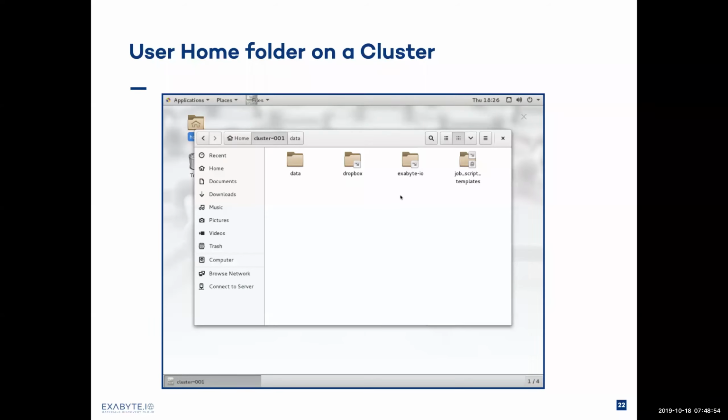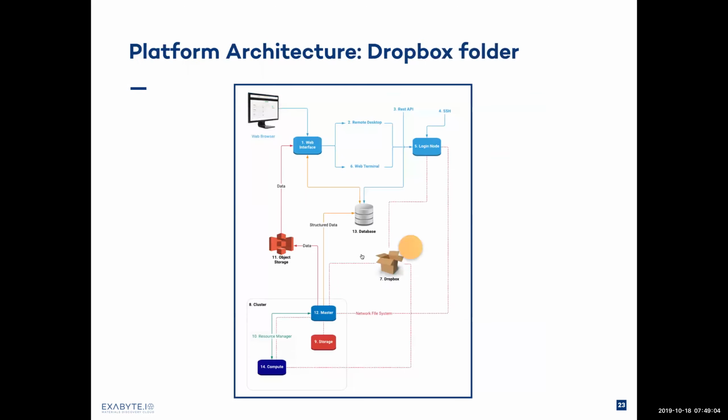And to quickly navigate to its data, there is also a link inside the home folder. And job script templates contains the script templates for command line jobs. Again, this is the Dropbox folder that we just covered. It is connected to the master node, to compute node, to login node, and to the web application as well.